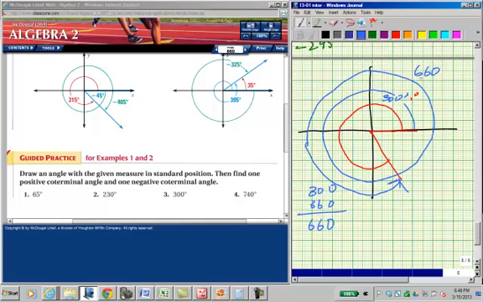So that's this angle right here. Now, we're going to subtract: negative 360 plus 300, that'll be negative 60. Let's make that purple. So we start at the initial side, and we go negative 60 degrees, and there we are.